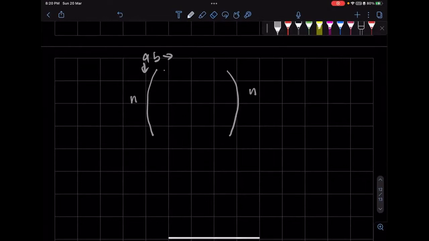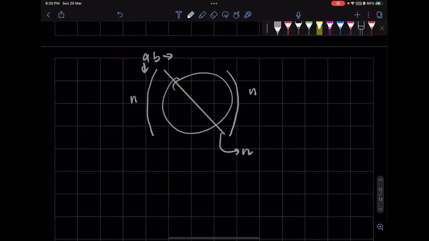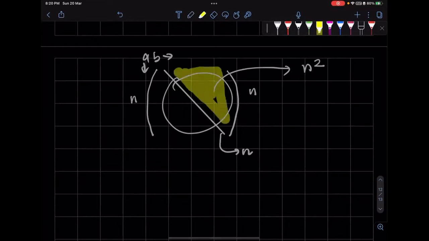So for an n by n matrix, how many elements are there in the diagonal? There are n elements, right? But in total, there are n squared elements. But we are only interested in counting this number, right?